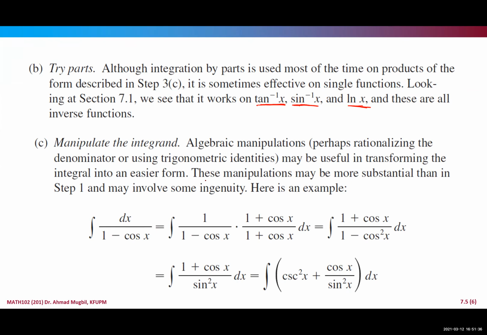For instance, here you can use the substitution that you learned in section 7.4, but it is easier here to multiply by the conjugate of the denominator, and then use the trigonometric identities. This is what you could have. After the simplification, this is a direct integral, and you can use u substitution here.